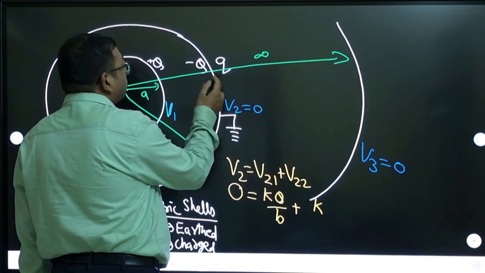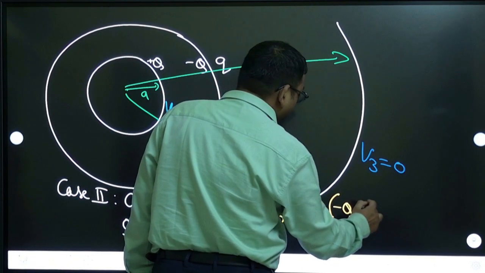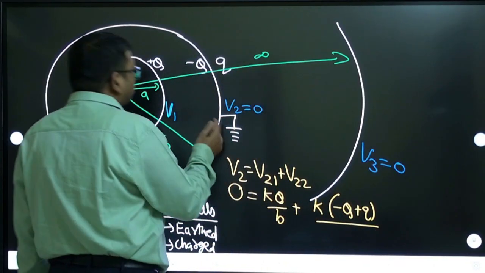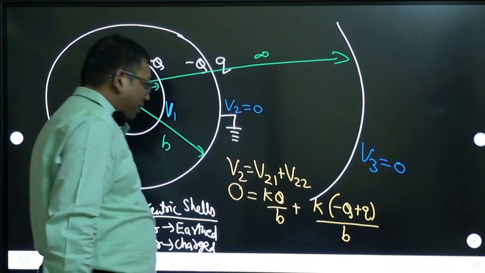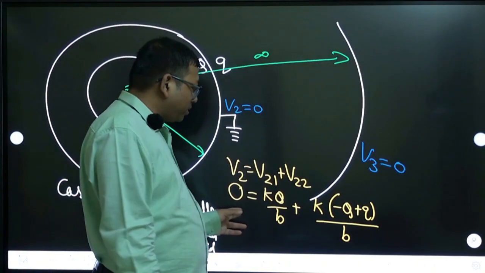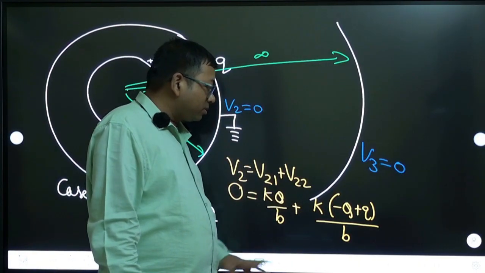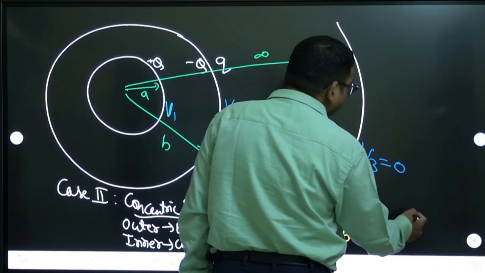Minus capital Q plus small q, right? That is total charge. So its own surface, K times that by its radius B. Now tell me what will be Q, because this will be going 0. Capital K is this, minus will cancel out. So you will definitely find that small q is coming 0.